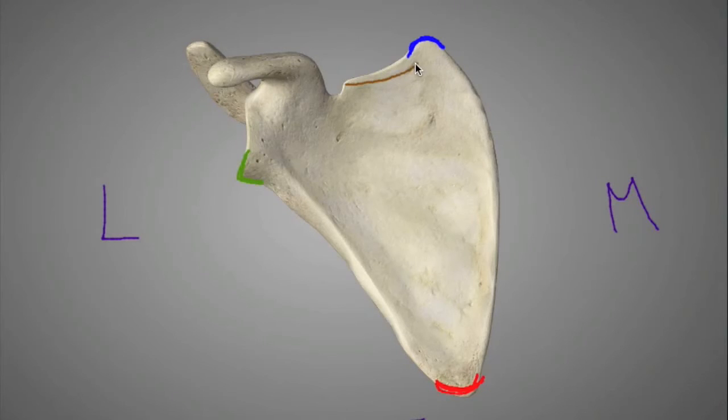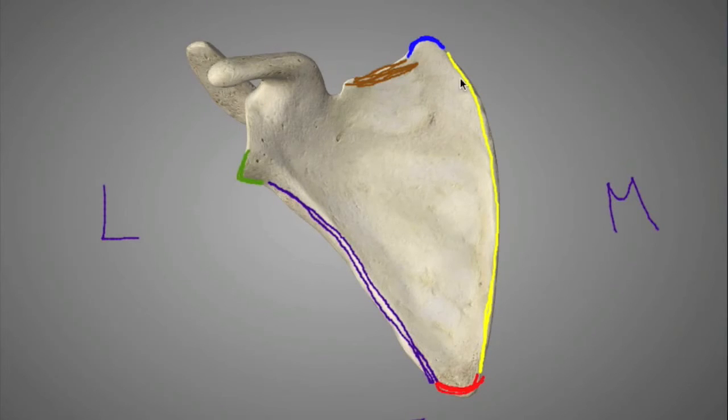It's up here. Right along the edge. Then we have a medial border. Again, we'll do that in yellow, all the way out here on the edge. There's our medial border. And lastly, in purple, the lateral border coming from the inferior angle up to the lateral angle. It's actually all the way out here on the edge.